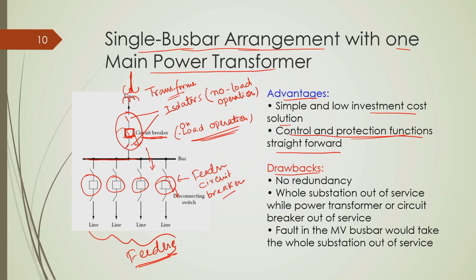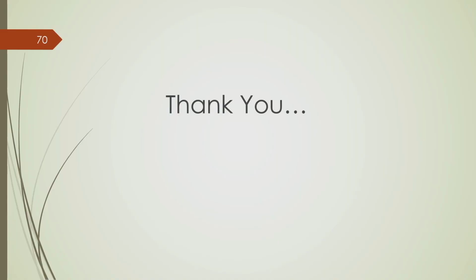Not the total system: if the fault occurs in a particular feeder, then of course, the other feeders will not be affected, but if there is a fault in this particular bus or this circuit breaker, then the total system will go out. So, the substation will be out of service while the power transformer or circuit breaker is out of service, or if there is a fault in the busbar. So, if there is a fault either in this transformer or this circuit breaker or in the bus, then the total system will be out.